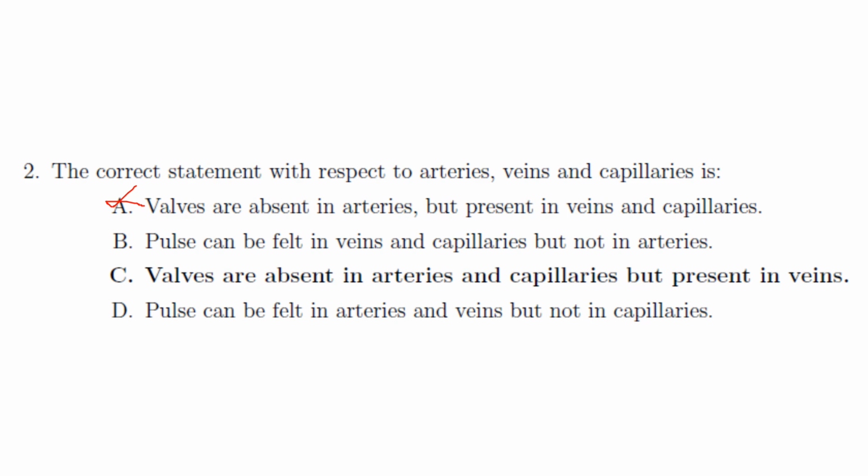But that is also not correct, because pulse can be felt in arteries but not in veins and capillaries. So that's not correct. Valves are absent in arteries and capillaries but present in veins. That's correct. Pulse can be felt in arteries and veins but not in capillaries. Again wrong, because pulse can be felt in arteries but not in veins and capillaries. So D is also not correct.